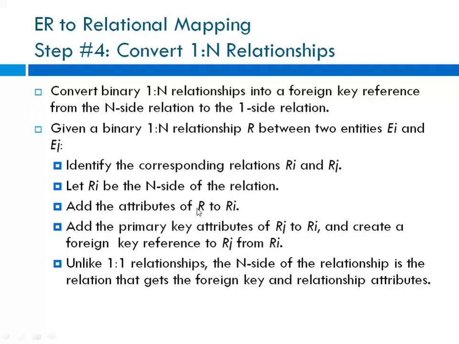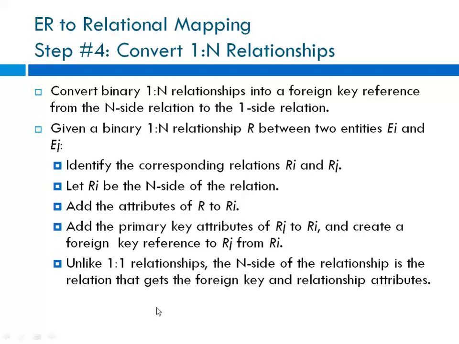The attributes of the relation are the attributes which are associated with the diamond symbol in the ER diagram. Add the primary key attribute of Rj to Ri and create a foreign key reference to Rj from Ri. So in the table that we have selected for the n side, the primary key from the one side table is added, and a foreign key reference is set.